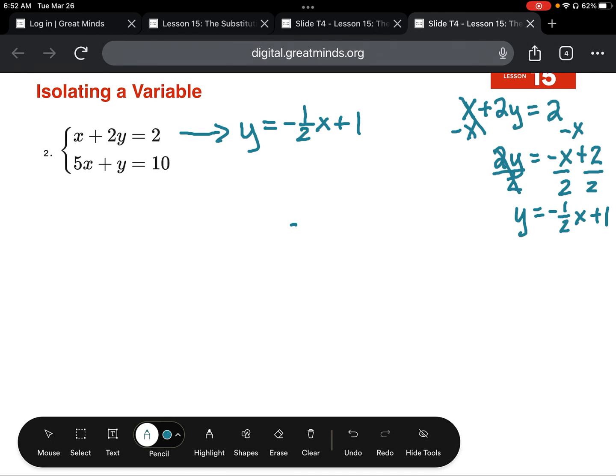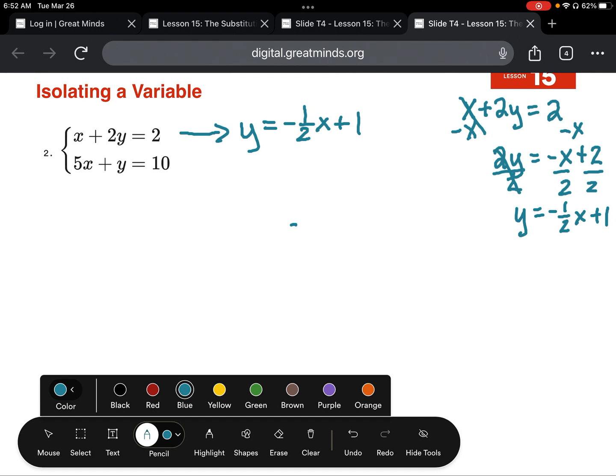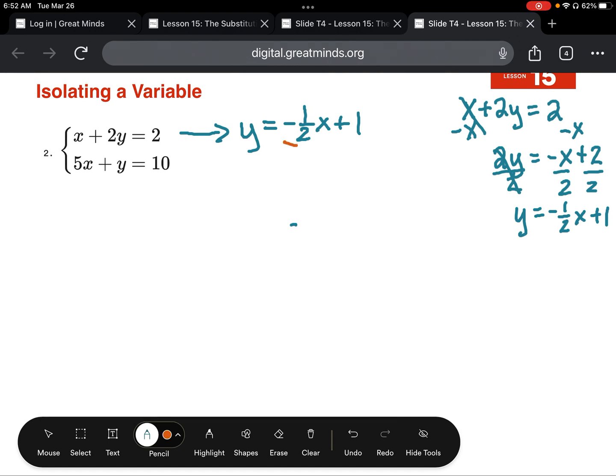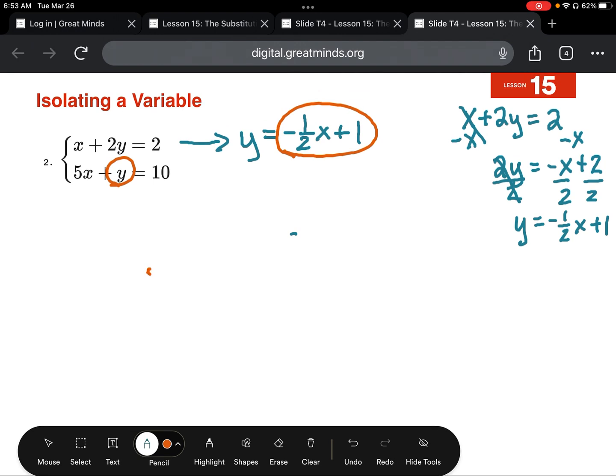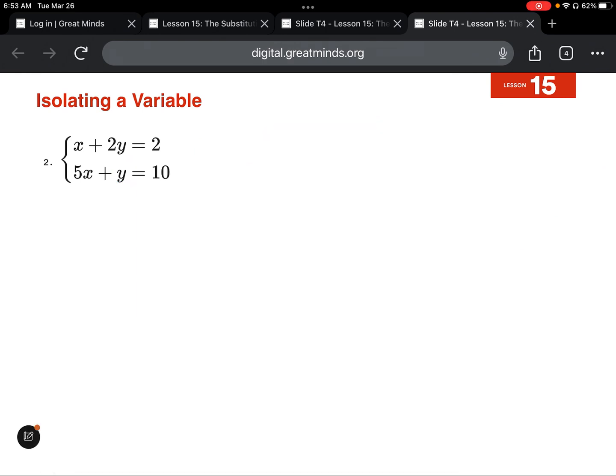All right, so again, I'm going to substitute this equation I just wrote in for y into the second equation in order to start coming up with my solution. So I have 5x. Hold on, let me just move this up a little.